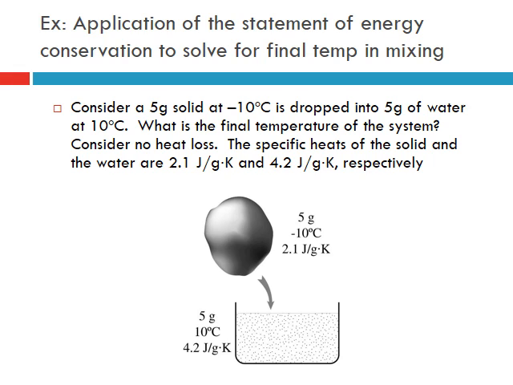To apply conservation principles to that word equation, in minus out plus generation equal to change of storage, we're going to do a very, very simple problem. So the problem simply says that a solid of mass 5 grams at minus 10 degrees and of specific heat so much is dropped into a liquid, which happens to be water at 10 degrees, and the water mass is this.